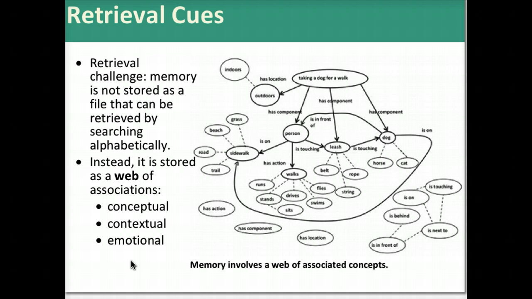Go back to our bird and penguin. Part of the reason that penguin can be so easily confused with not being a bird is because it doesn't tie into that conceptual web that we've created in dealing with what exactly a bird is. So that's how memories are stored and then retrieved, because they can be cued by the other thing.